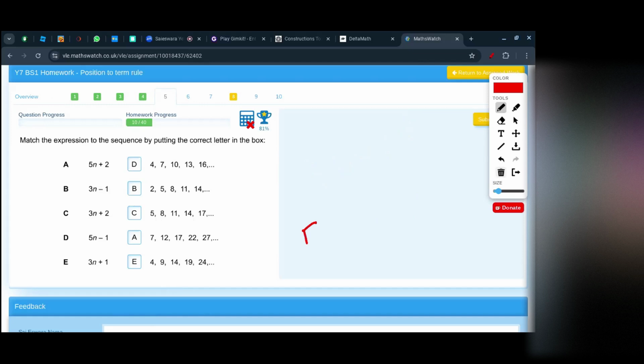Write 5n minus 1. What is the first term in the 5n minus 1? What is the answer when we are putting n equal to 1? If you put n equal to 1, then that would be 6 minus 1, which is 5.